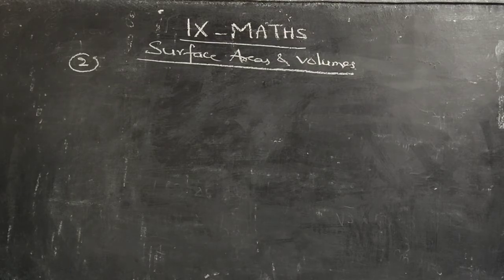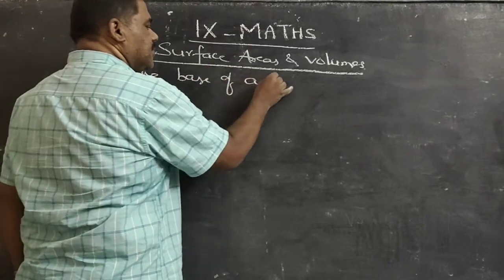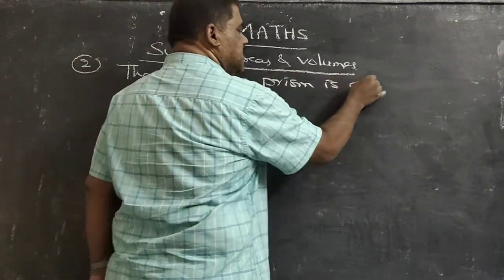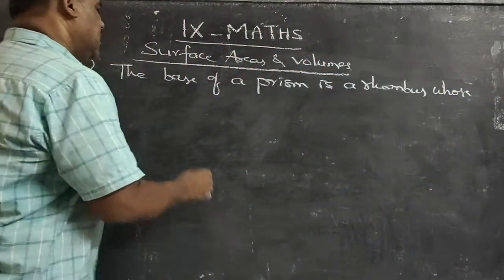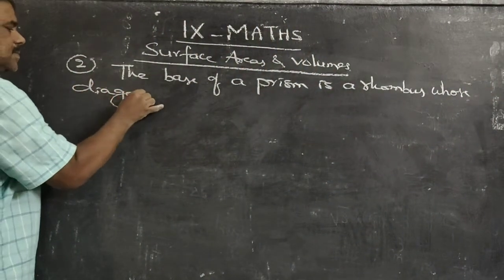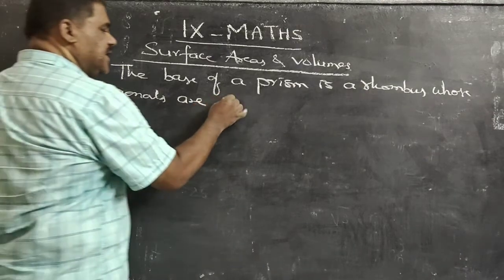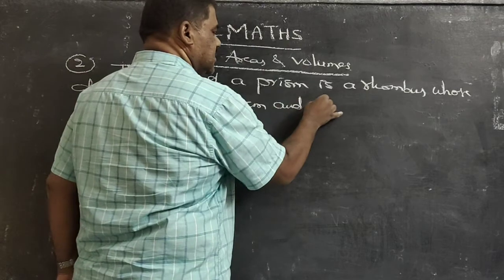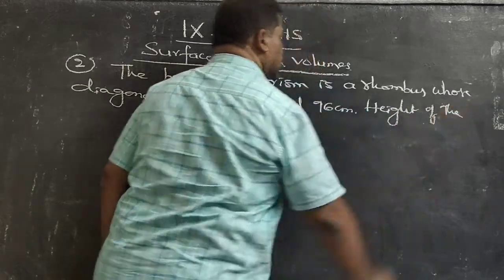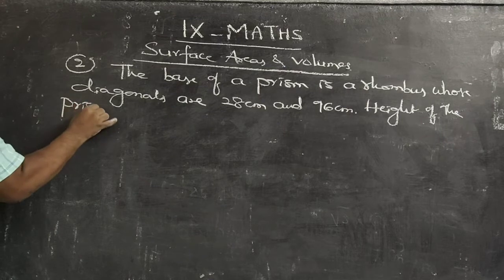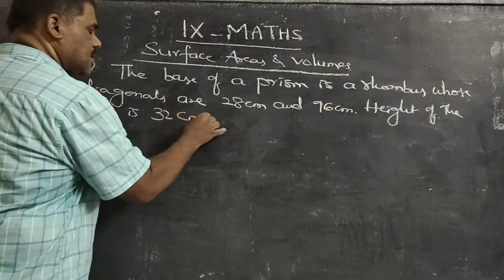Height of the prism is 32 centimeters. Find its volume.